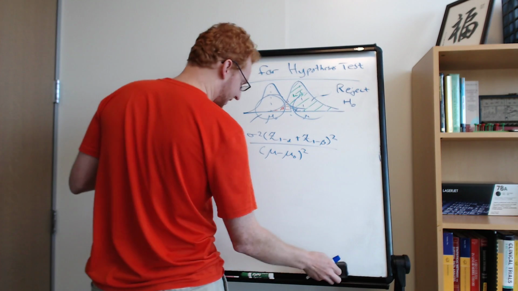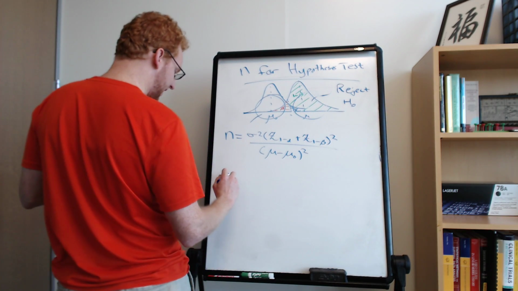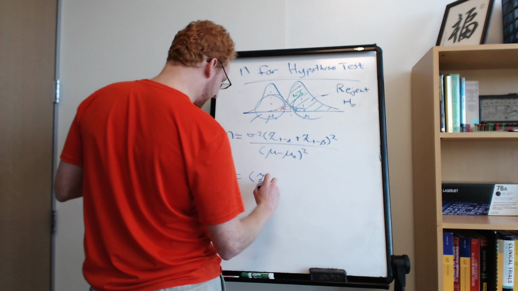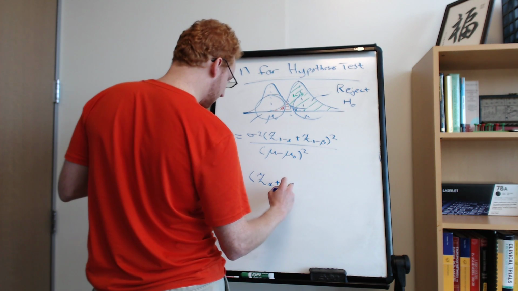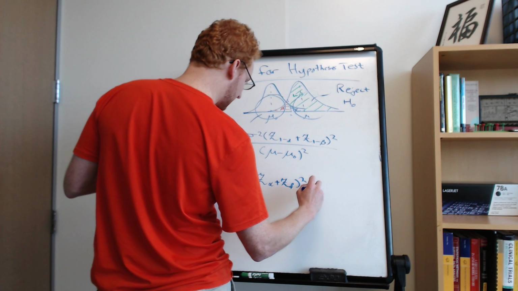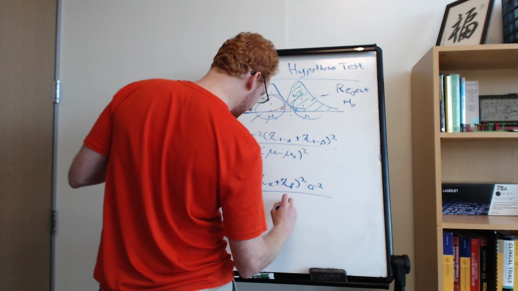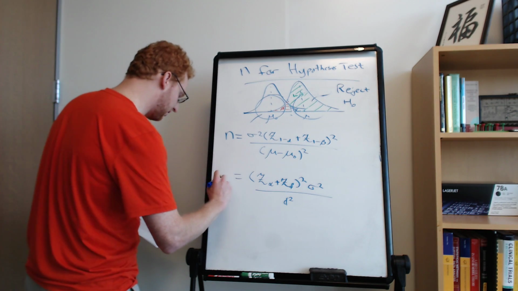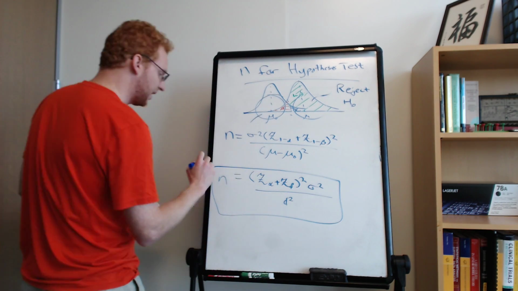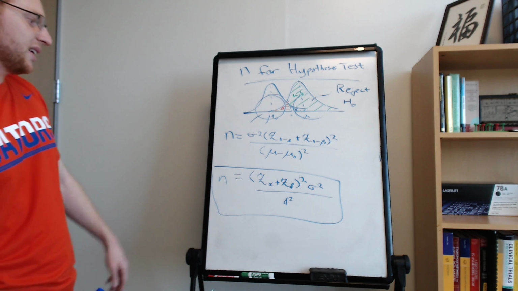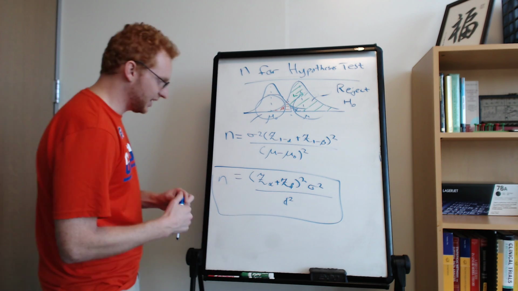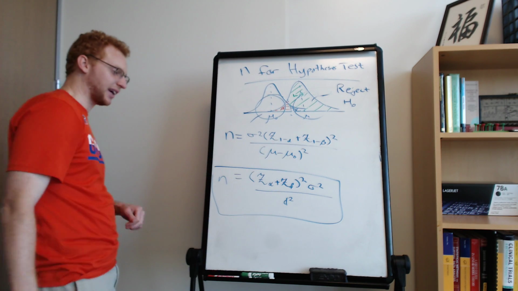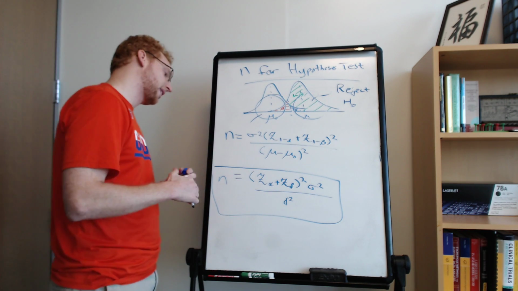Writing that a little differently, that's equal to z of alpha plus z of beta squared sigma squared over d squared. So this is the form I normally see. Do all this math, and it can be shown that this is equal to that exactly.